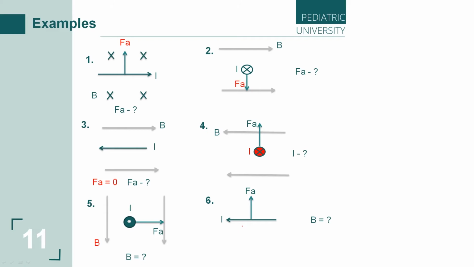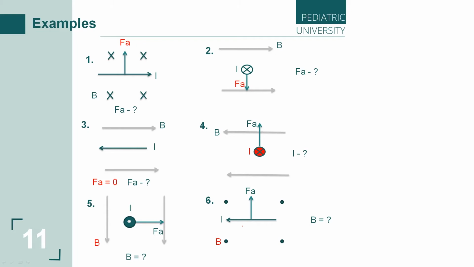According to the rule of the left hand, again, the direction of the lines of magnetic induction will be toward us. We should put points. These were the examples where we use the rule of the left hand to detect the Ampere force, the vector of magnetic induction, or the electric current.